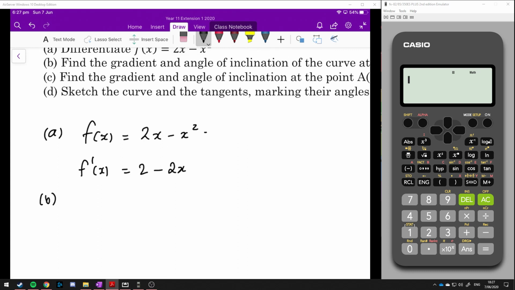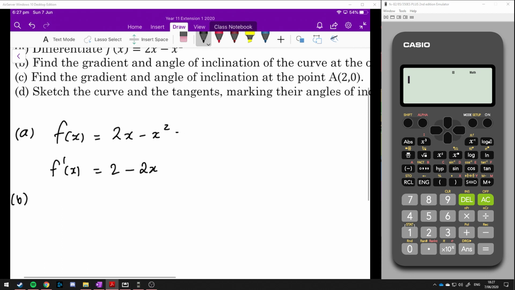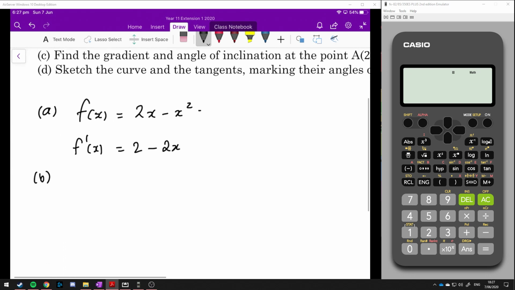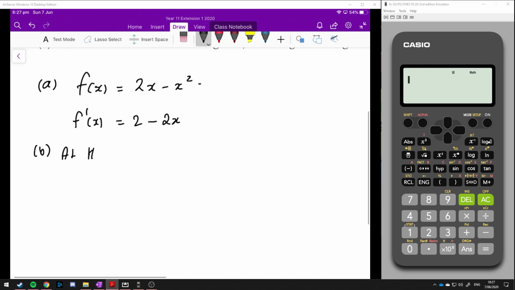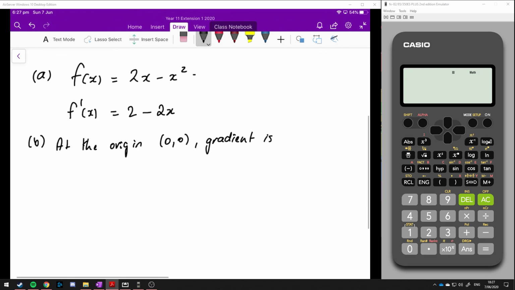Okay, our next step is to find the gradient and angle of inclination of the curve at the origin. So at the origin, (0, 0), the gradient of the tangent, we're looking at the derivative when x is equal to 0.